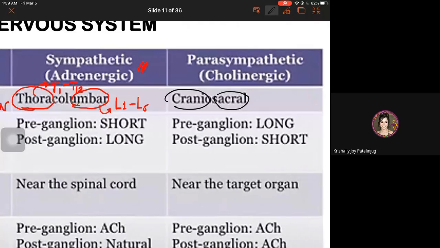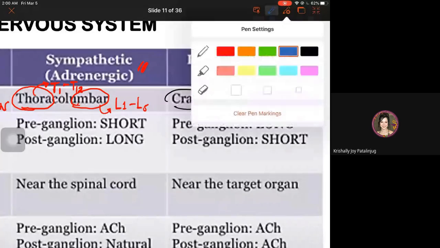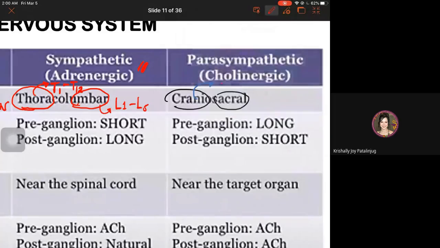In particular, these are the cranial nerves 3, 7, 9, and cranial nerve 10 also. Again, ito yung mga cranial nerves na parasympathetically innervated: 3, 7, 9, and 10.